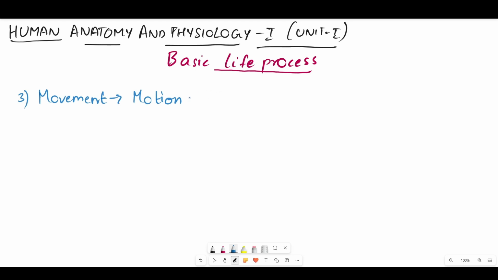This motion or movement can be of the whole body, of an individual organ, or of a single cell.